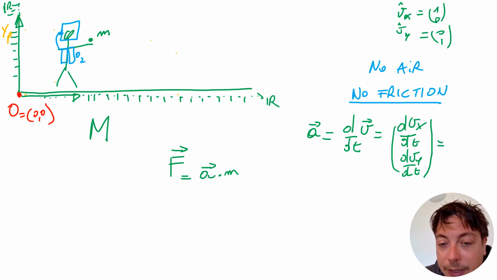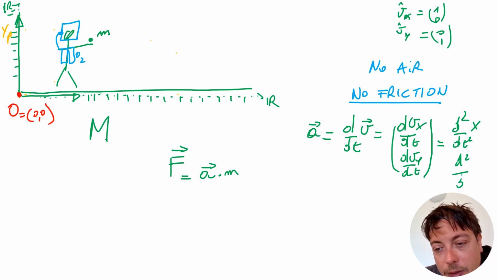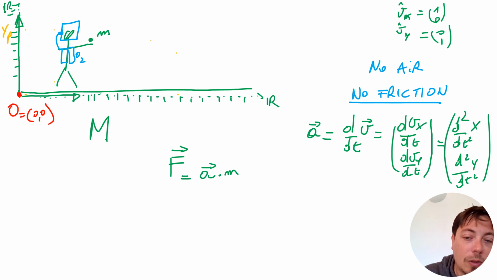And then acceleration is another derivative. Technically it's a second derivative with respect to time, d squared x over dt squared, and d squared y over dt squared. We know how to take a derivative twice because we take a derivative once, so we do it twice. Okay, so we know what an acceleration is.